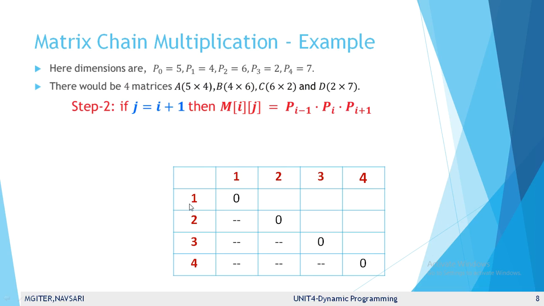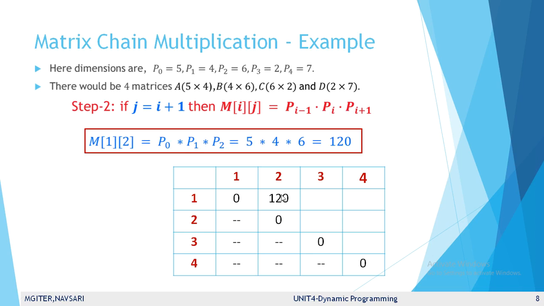Now first we find M of 1 2. Here j is equal to i plus 1. The value of i is equal to 1 and the value of j is i plus 1, that is 2. So we find M of ij is equal to P of i minus 1, where i is 1, 1 minus 1 is equal to 0.